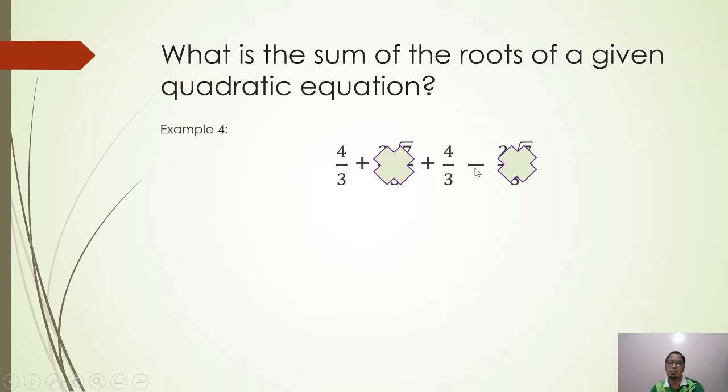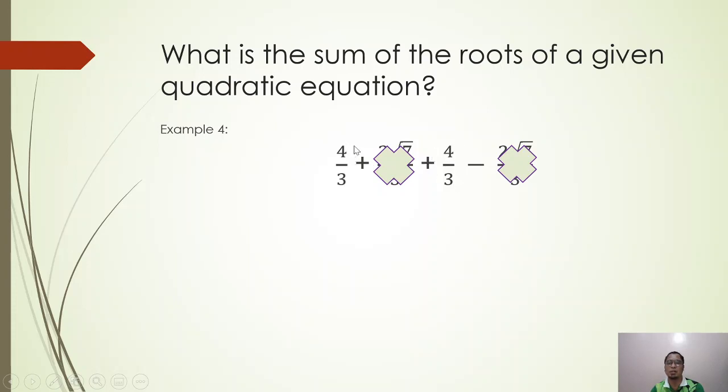Kasi isang positive, balik natin. Positive itong isa, negative itong isa, magkamukhang magkamukha, pinagsasama, eliminated na siya. Ang sabi nga natin, cancel na. Ang matitira na lang po sa atin, 4/3 plus 4/3.